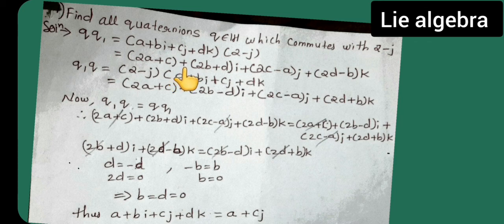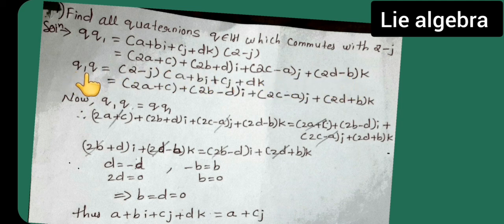Okay, next is plus 2b plus d, because k into j is minus i, and this minus, so it will become positive. So plus, similar way you have to do it for j and k.